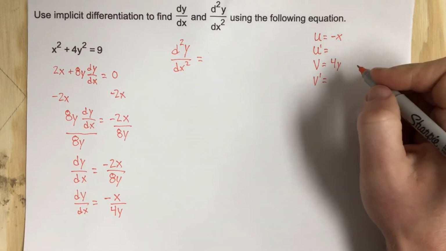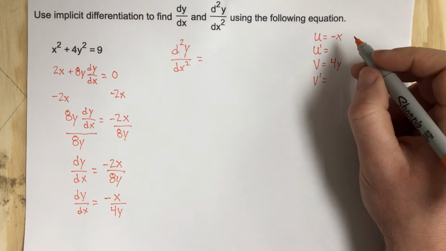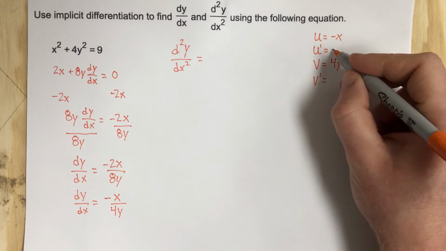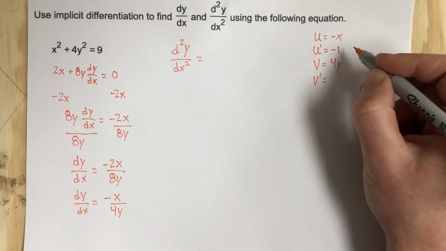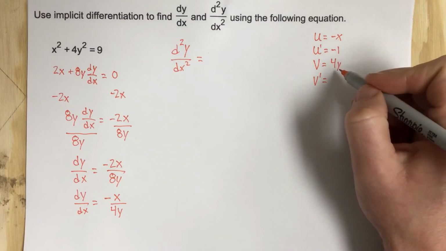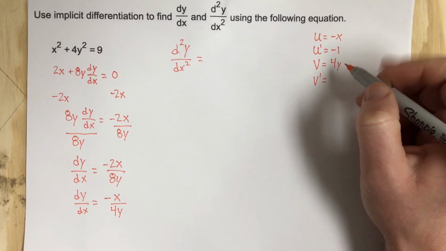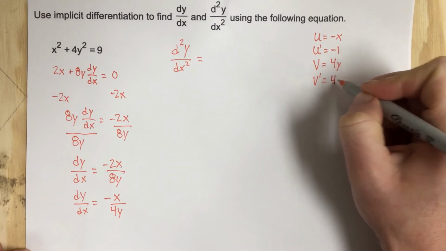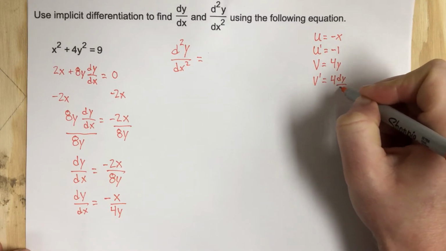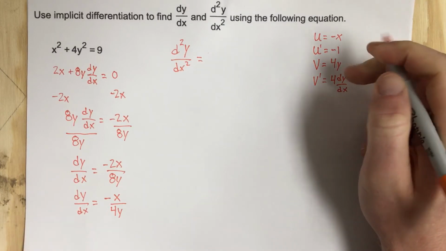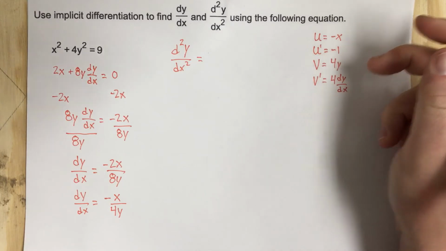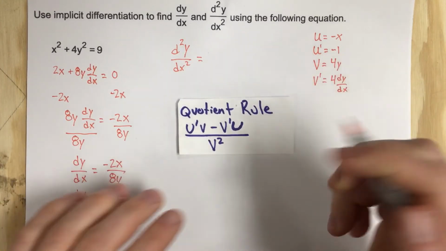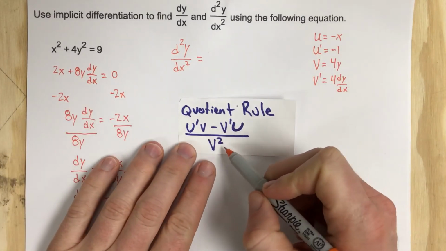And so as we go through and do this, we're going to take the derivative on the top of this negative x, that's just going to be negative 1. Then we take the derivative of 4y, and we're going to get 4 dy over dx because we're doing the derivative of y. And remember, the quotient rule is u prime v minus v prime u all over v squared.